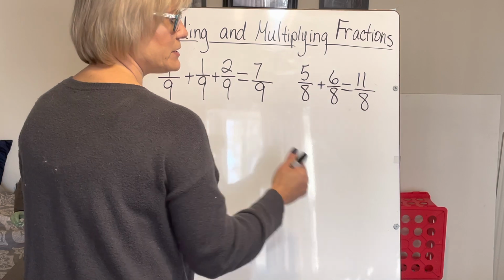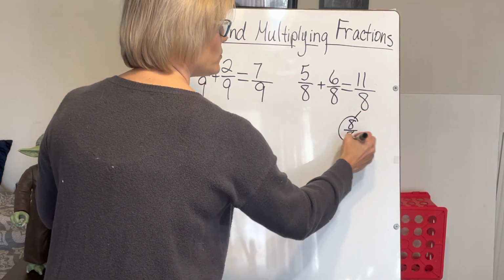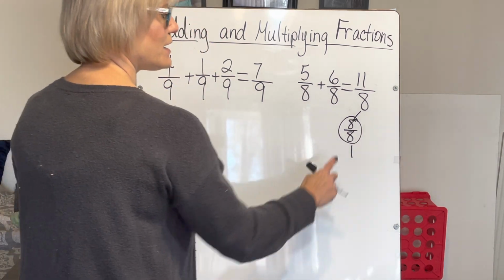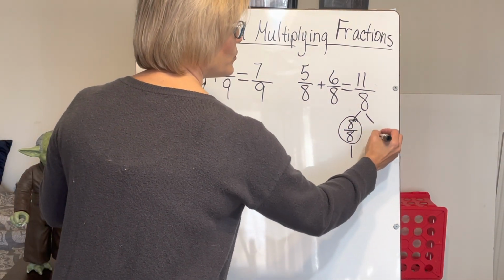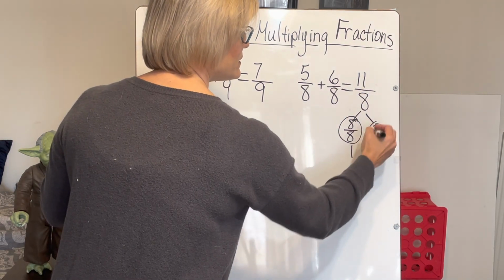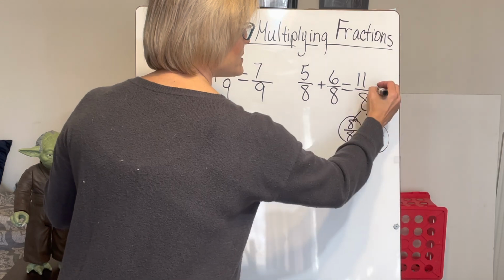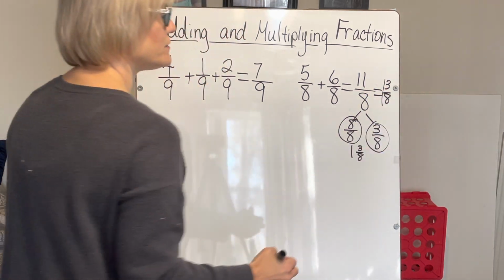So I can decompose that and take out 8/8. That's my 1 whole. And then I've got to figure out how many 8ths do I have left? Well, I have 3 of them because 8 plus 3 gives me 11. So 11/8 is the same as 1 3/8.